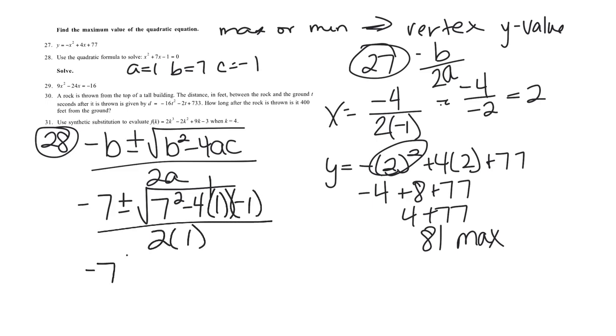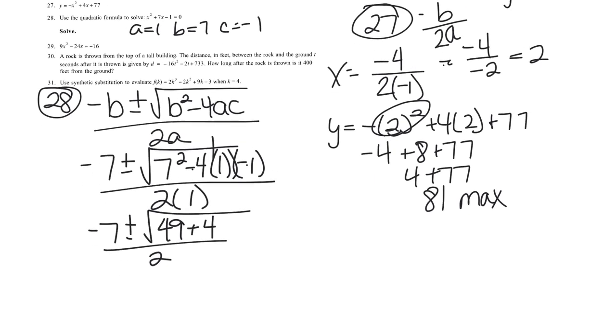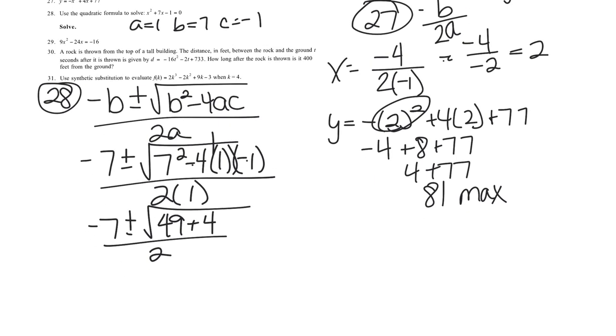So negative 7 plus or minus the square root of 49. Negative negative makes this positive, so plus 4 over 2. Which is then negative 7 plus or minus the square root of 53 over 2. 53 can't be simplified, so that's my final answer. And you might see it again as two separate fractions.